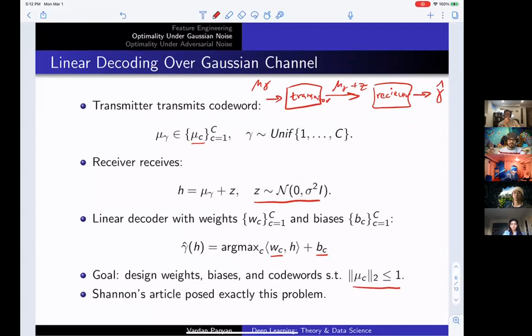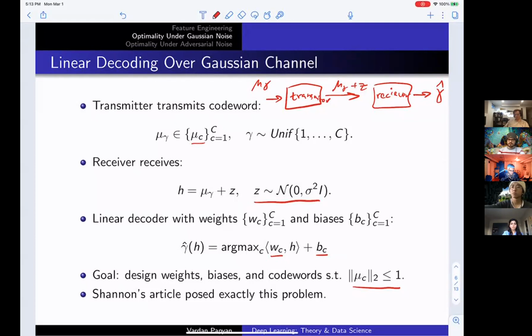Now, at this point, it's not quite clear what is the relation between this and what we were talking about earlier with neural collapse, but I'll explain that in the next slide. For now, I'm trying to make sure that you understand this setting. Is the problem making sense?